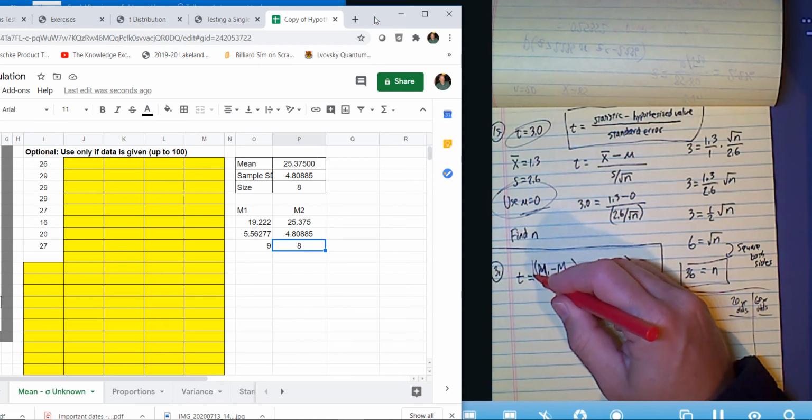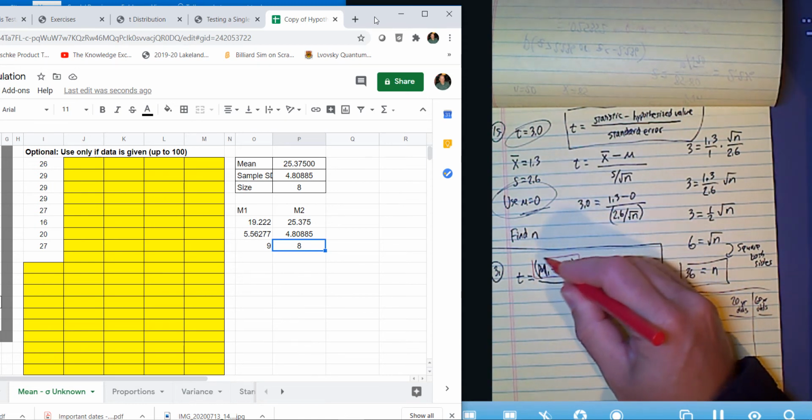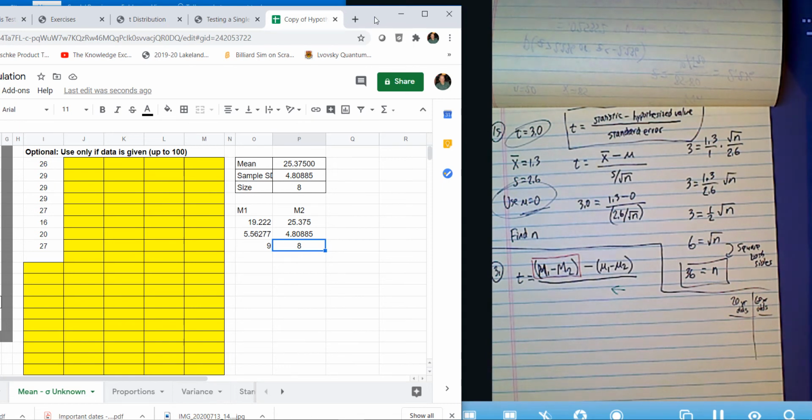I can actually do that right now if I wanted. m1 minus m2 is, well, we have to subtract these two values. So I could do that right on the paper if I want, right? I could say equals this minus, which is O7 minus P7, and it'll subtract, and it'll tell me that the difference is negative 6.153.